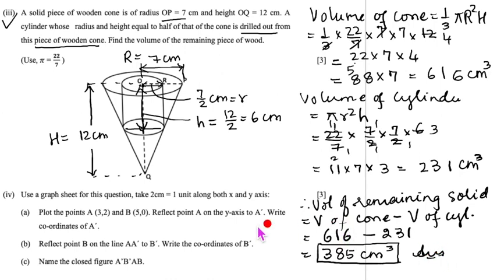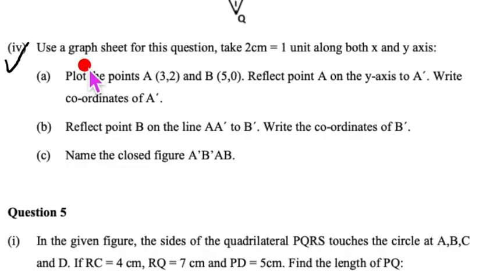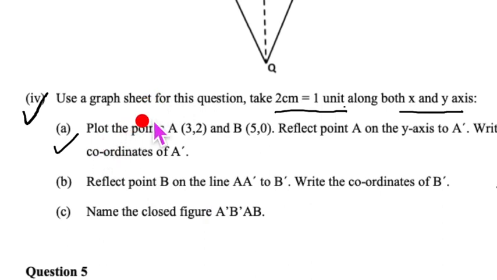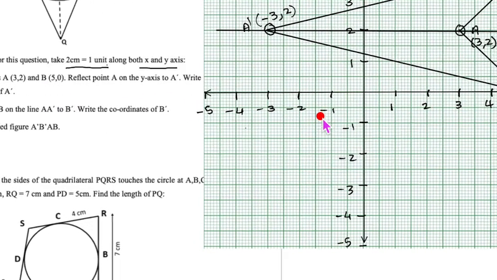All right. Now question number 4 is on graph sheet again. Use the graph sheet for this question. Take 2 centimeter equal to 1 unit along both x and y axis. Plot the points. So question number 4 is to be done on a graph sheet, and these are the scales on x and y axis. So I have drawn this.